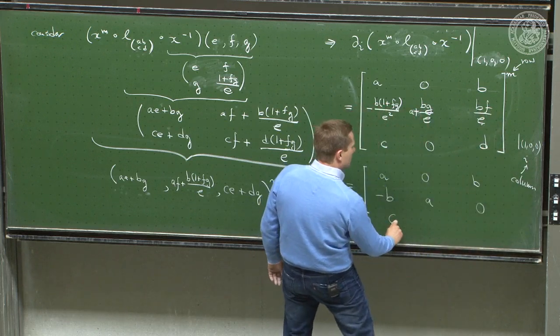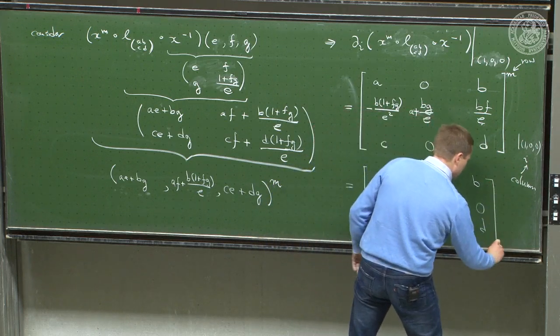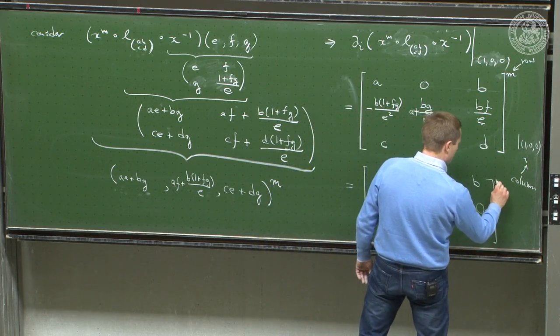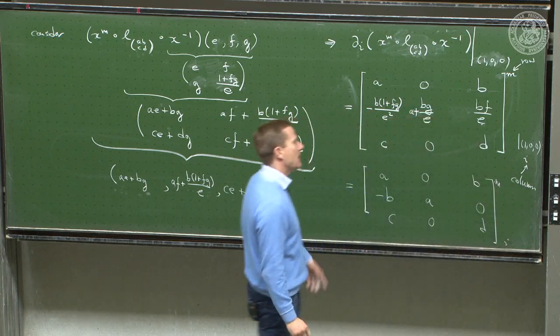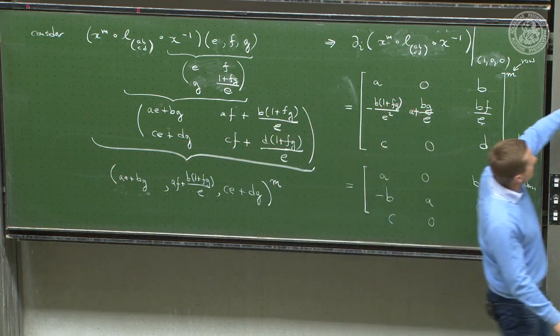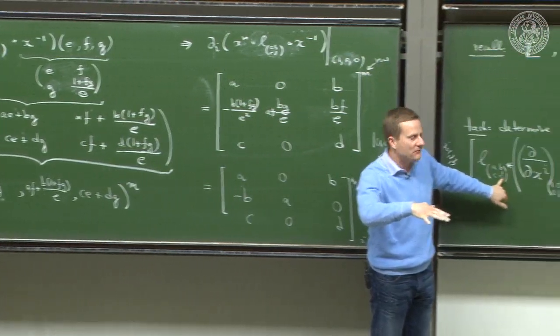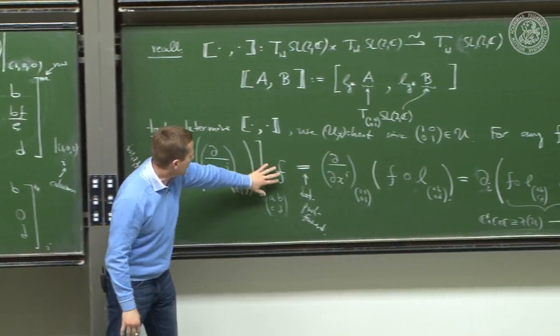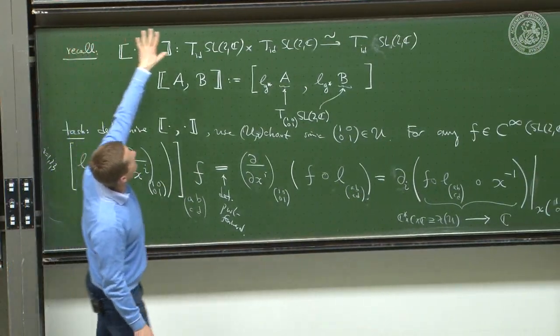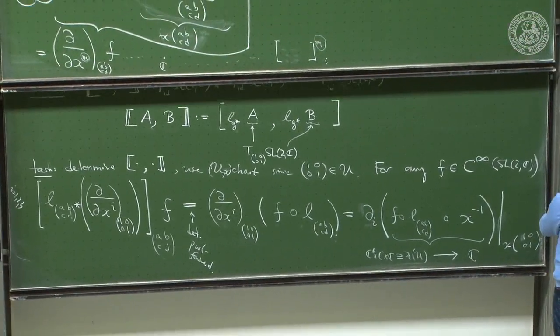And C remains 0, D. Very good, you saved me. Much simpler. So this is the only stuff that now depends on the point where the field is. And you see this guy acting on an F yields this guy here. So now let me take this down here again.